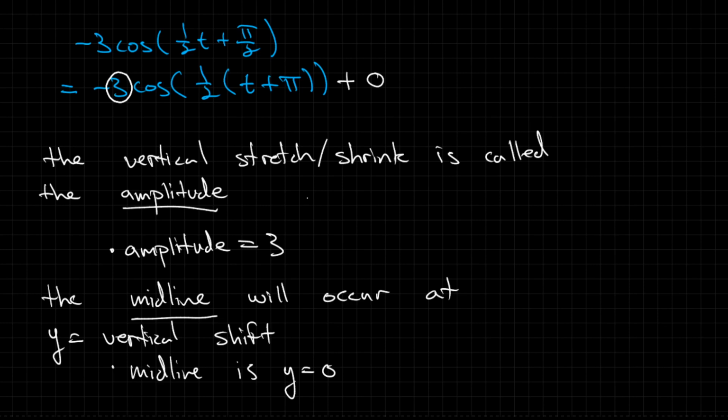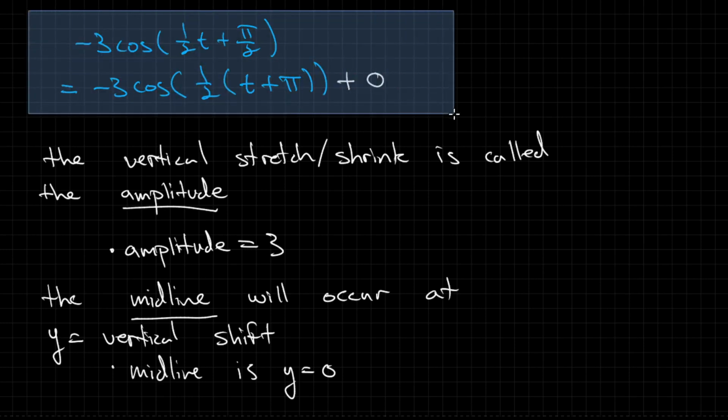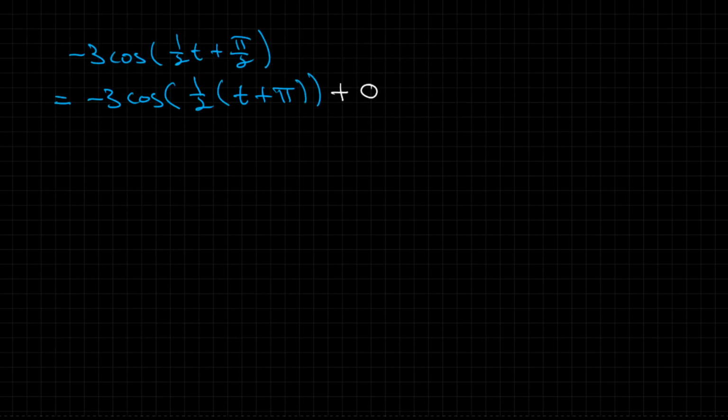There's also some definitions that we use for the horizontal transformations, one that we have already introduced and another one which we have not. So let's go ahead and maintain this equation on the page as we introduce our other definitions.